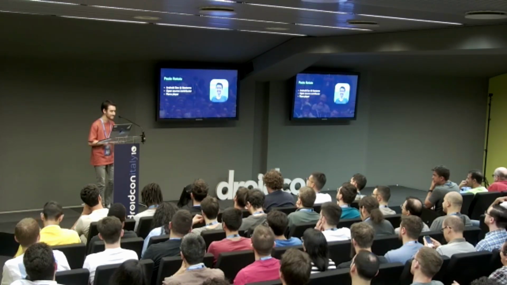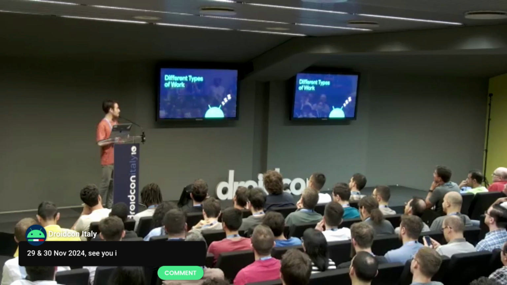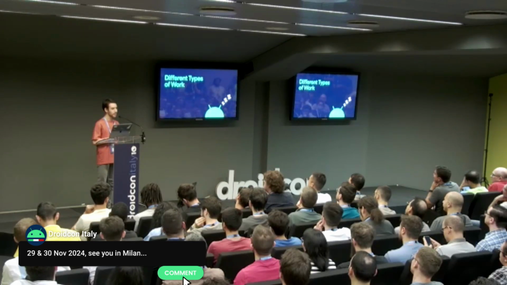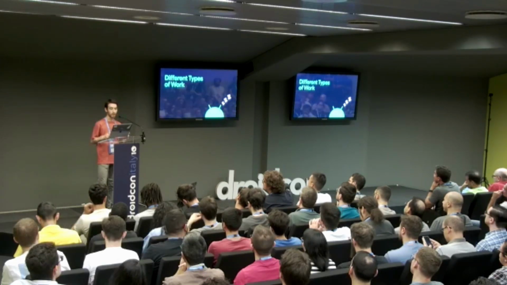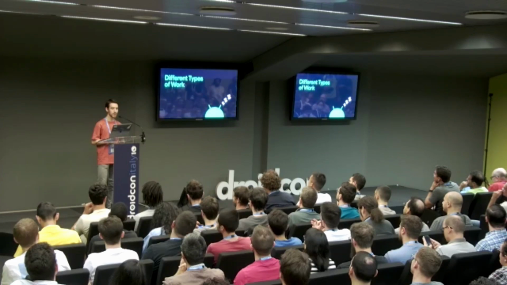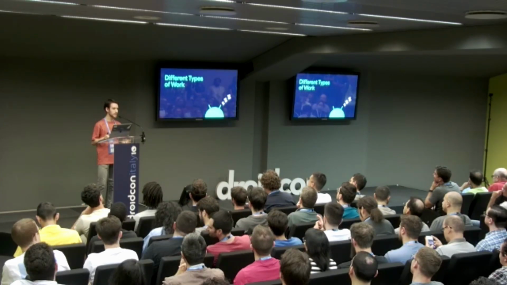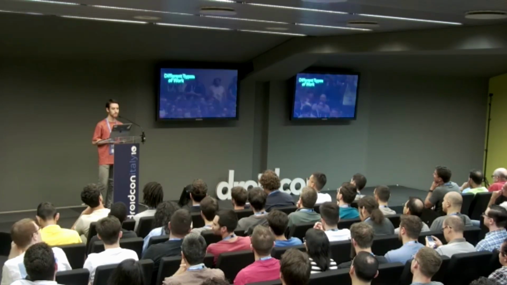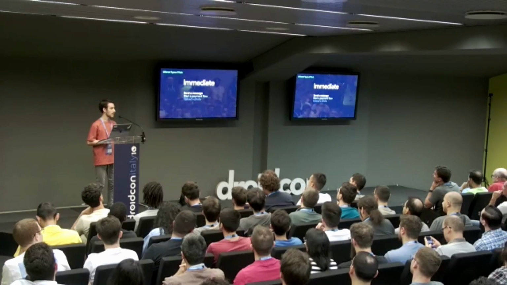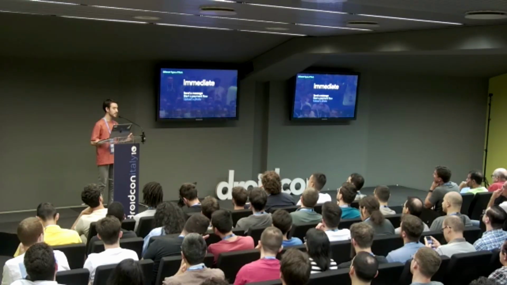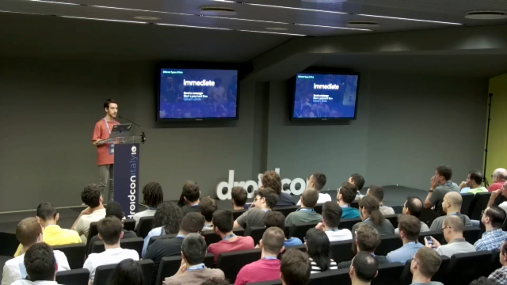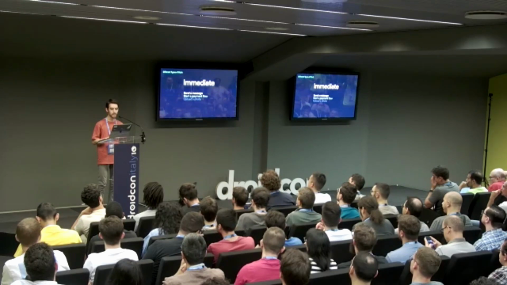So let's start. As I said earlier, we have different types of work that you can perform in background, so we're going to categorize all of them. Immediate work, as the word says, is the work that happens immediately. It's usually user-initiated.